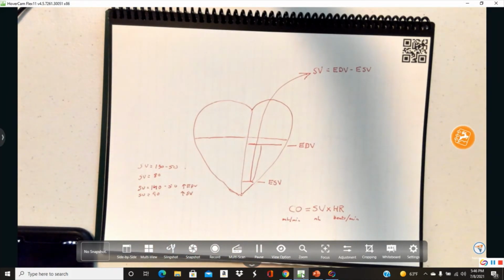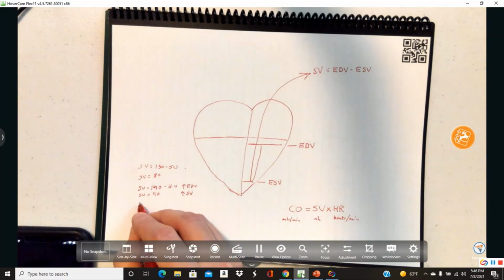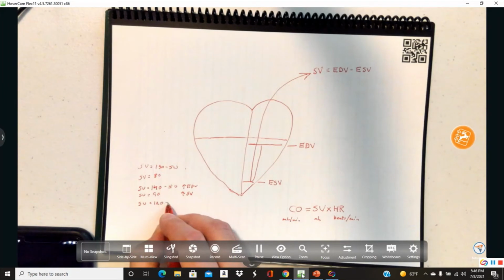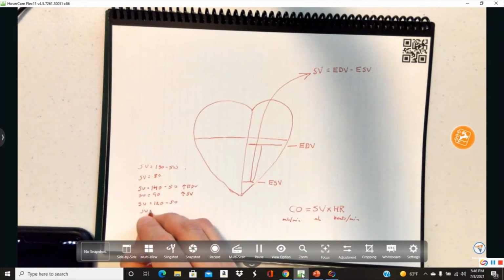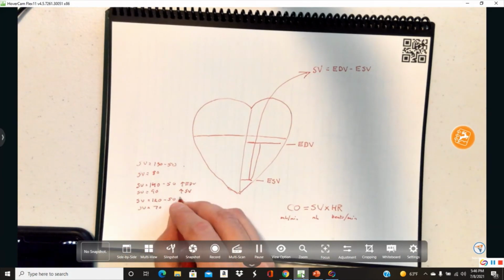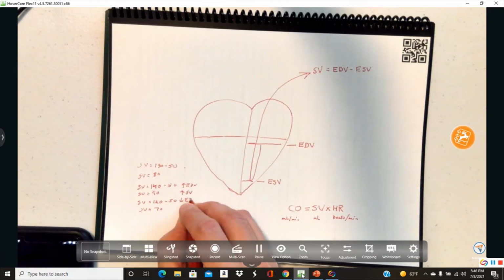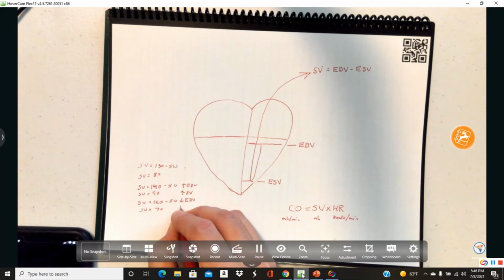Okay. Now let's do another one. Let's say EDV here was 120, and we'll keep our ESV at 50. So 120 minus 50 is 70, which means stroke volume is 70. So we decreased the EDV, and that means I decreased the stroke volume.